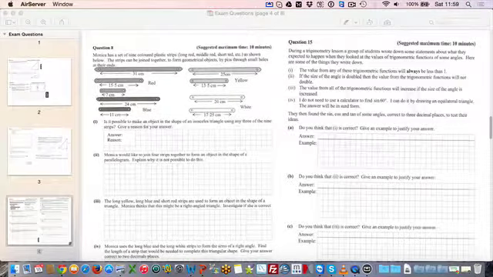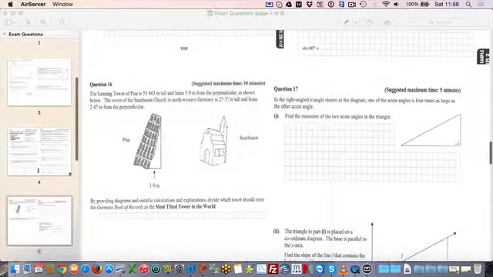This question: is it possible to make an object a soft triangle? That's a lot of reading there. Go to a picture like this. The Leaning Tower of Pisa is 55.863 meters tall and leans 3.9 meters from the perpendicular as shown below.